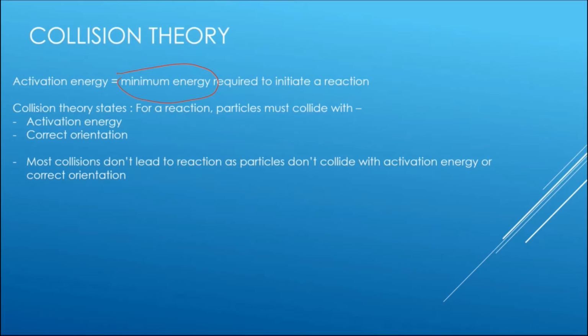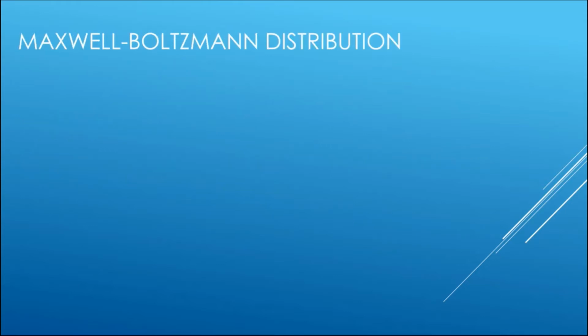Most collisions don't lead to a reaction, as particles don't collide with the activation energy or the correct orientation. Both of these factors must be included for a reaction to occur.